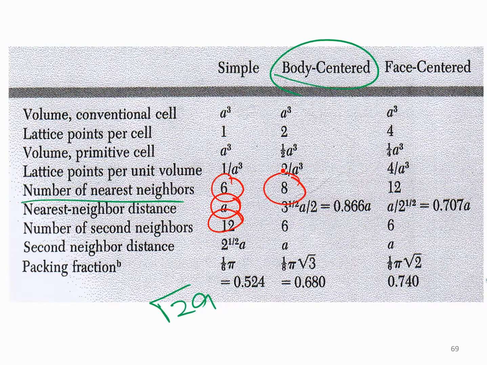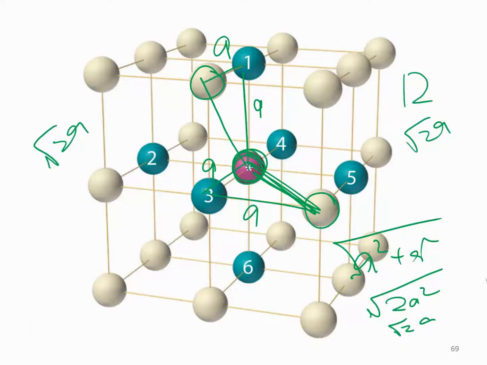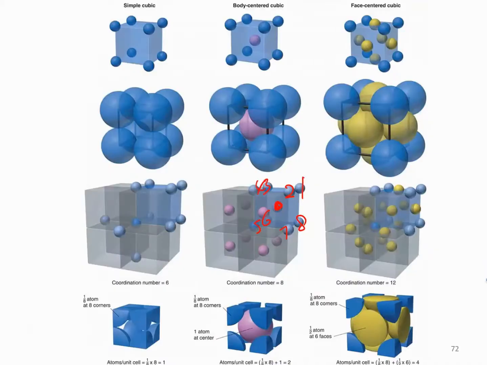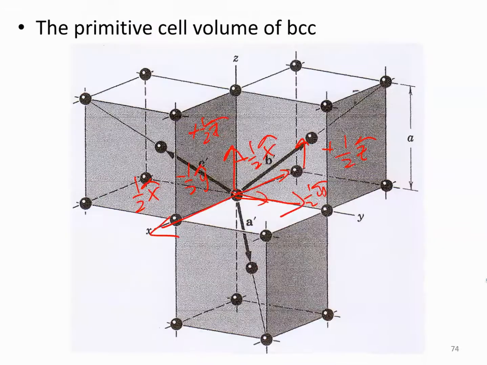And then how about the nearest neighbor distance? How to find it? It's very difficult for me to draw here.